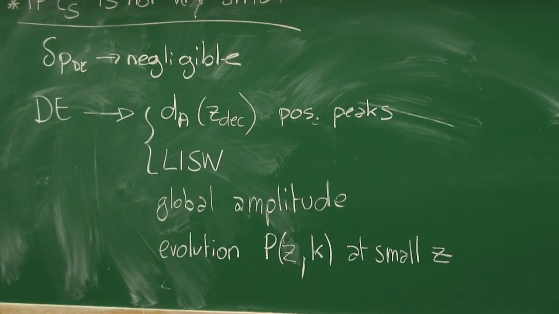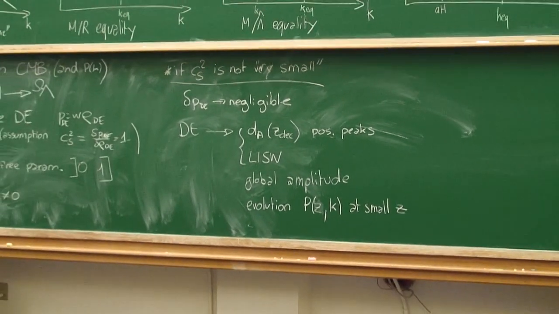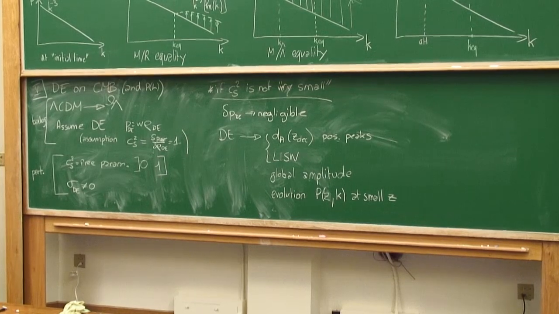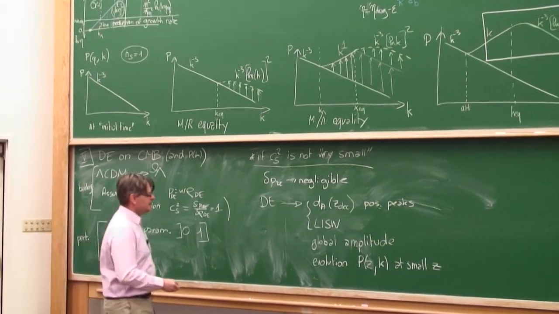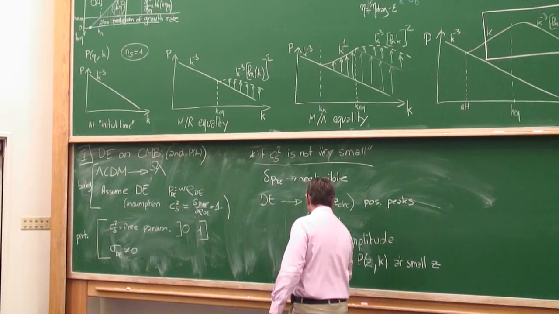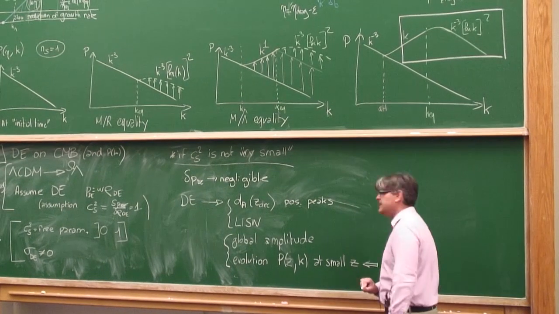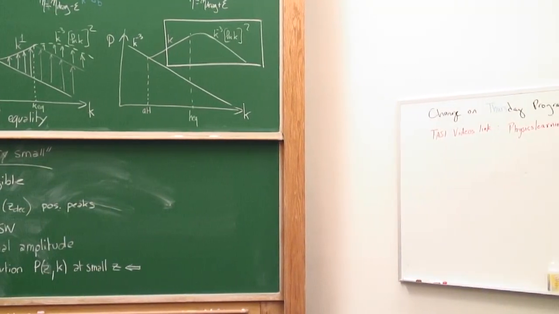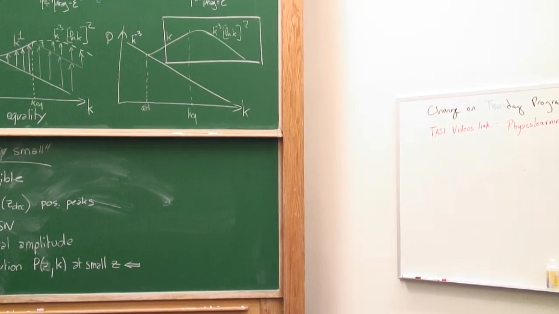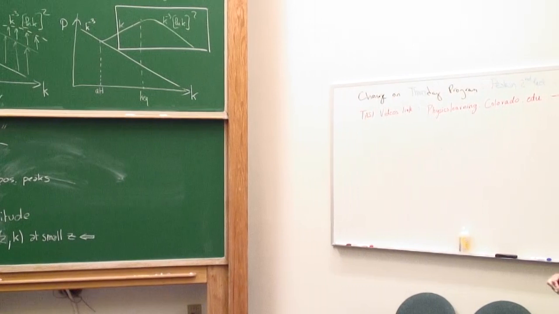At small z, of course, if we change the energy of dark energy as a function of time, we change the way in which the growth rate is reduced. This last item is the only way to make a good non-degenerate measurement of the background behavior of dark energy. So this is the right direction to go. And as Shirley will tell you, this can be done in the future with, for instance, LSST or Euclid.